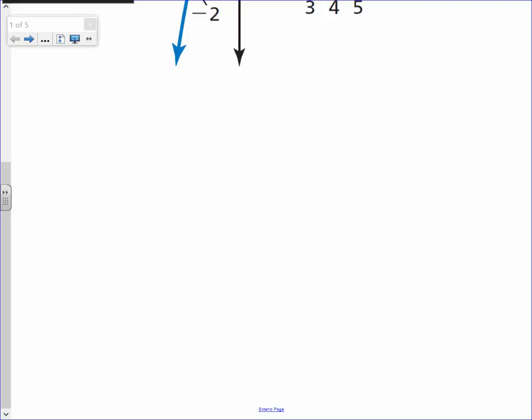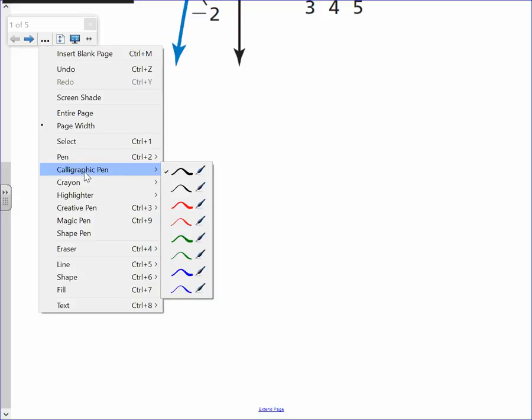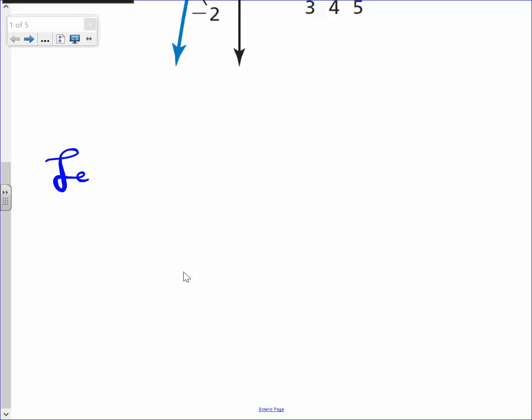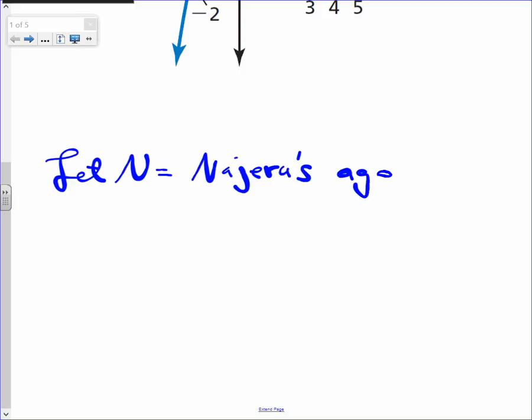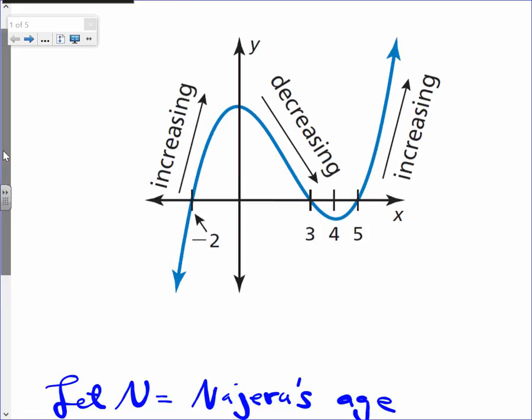On your notes, I'm going to use you as an example, you and me. Put let n equal Naheda's age. We're just using a real life example right now. You've drawn this function of some parts increasing, some parts decreasing, some parts increasing.